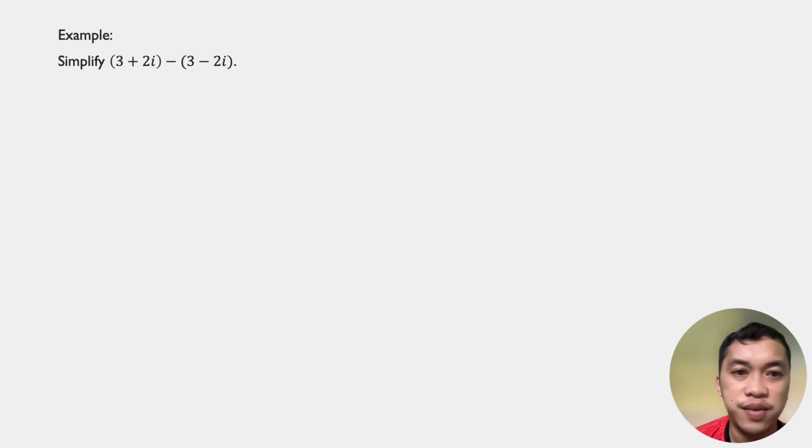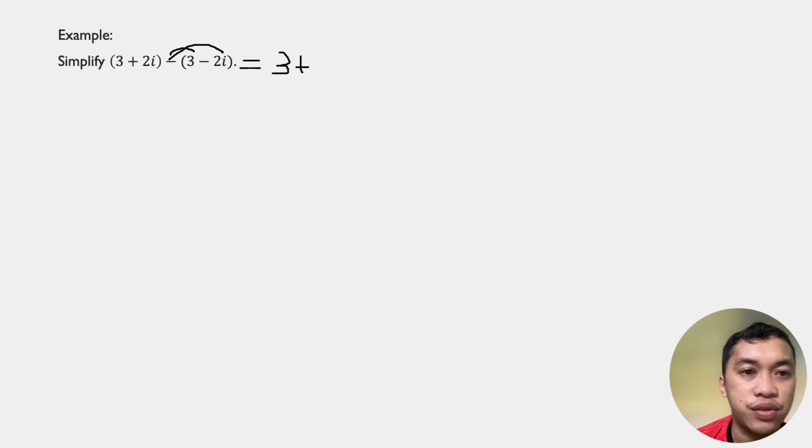For our second example, we have a minus sign in the middle of two terms: (3 plus 2i) minus (3 minus 2i). Once again, we need to distribute the sign to the second term first.